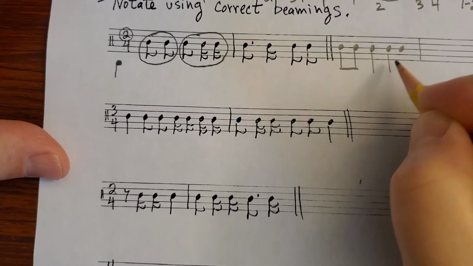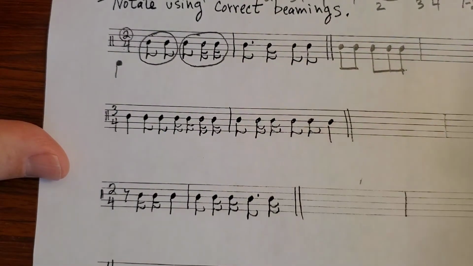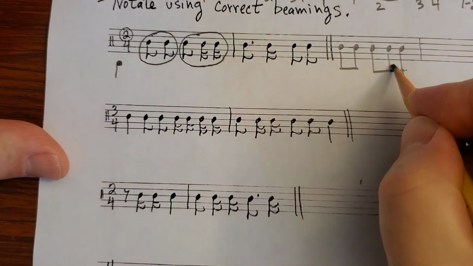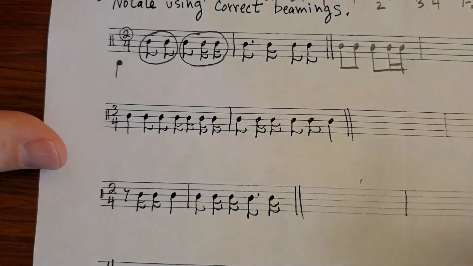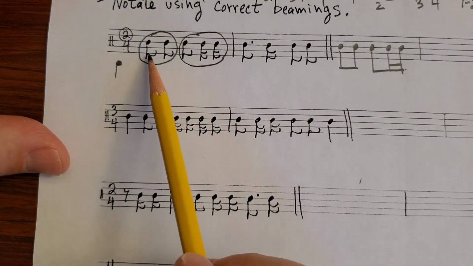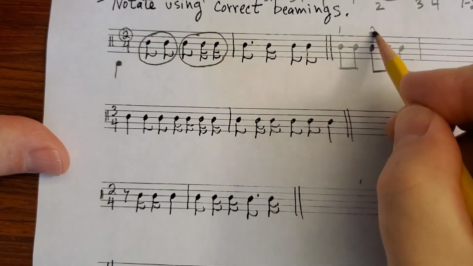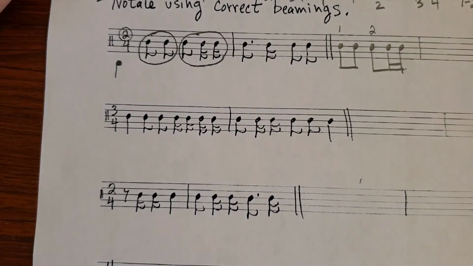Now notice when I beam, that right now is an 8th note because one beam is an 8th note, but these two values are 16th notes, so I want to make sure that I have a 16th note beam across as well. So this is now 8th note, 8th note, 8th note, 2 16ths, but notice how I beam them so I can see where beat 1 is, and I can see where beat 2 is. The beats are a quarter note here.